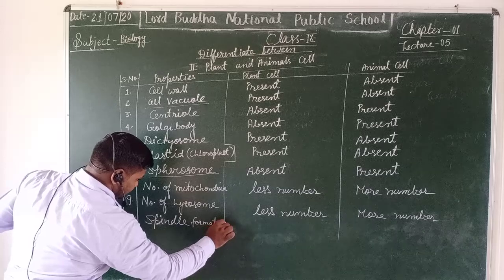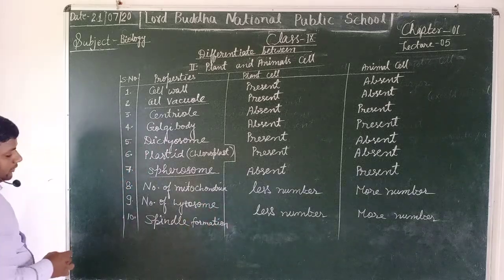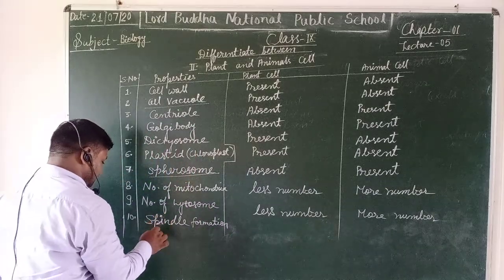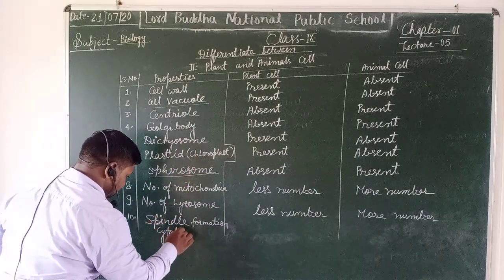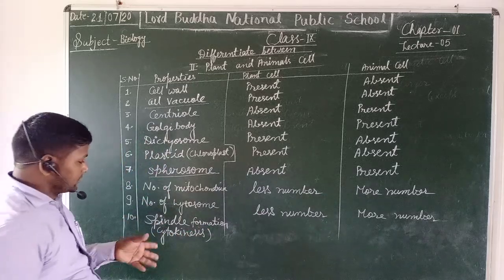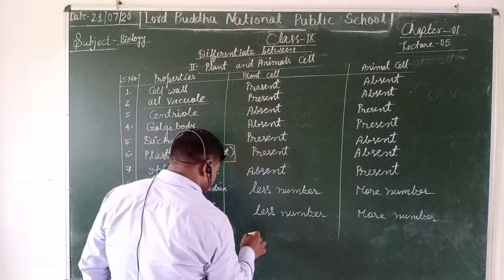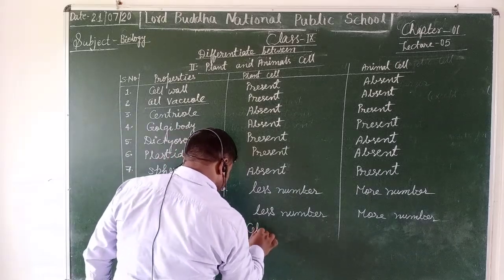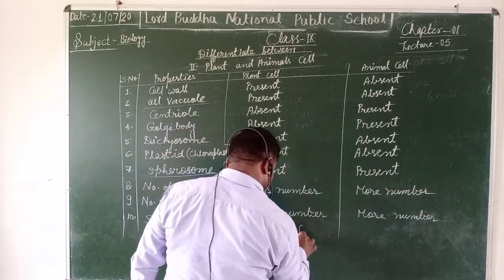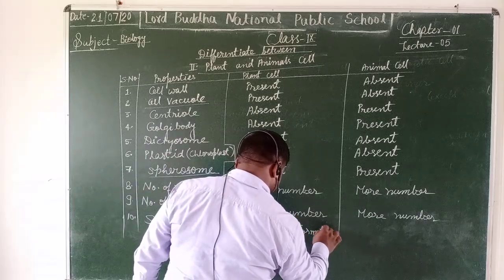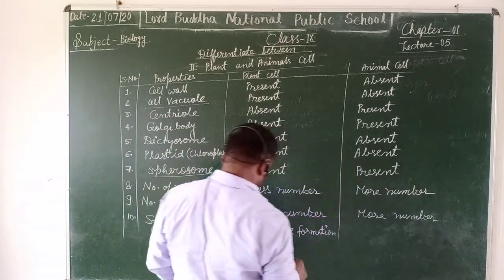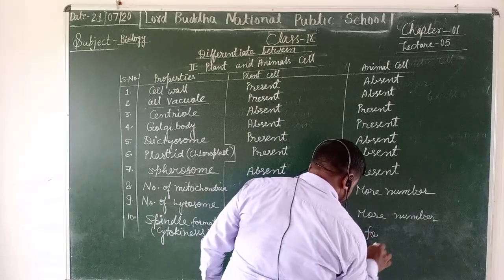This process takes place during the cytokinesis. In plant cell, during cytokinesis, the process of cell plate formation takes place, but in animal cell it takes place by furrow method.